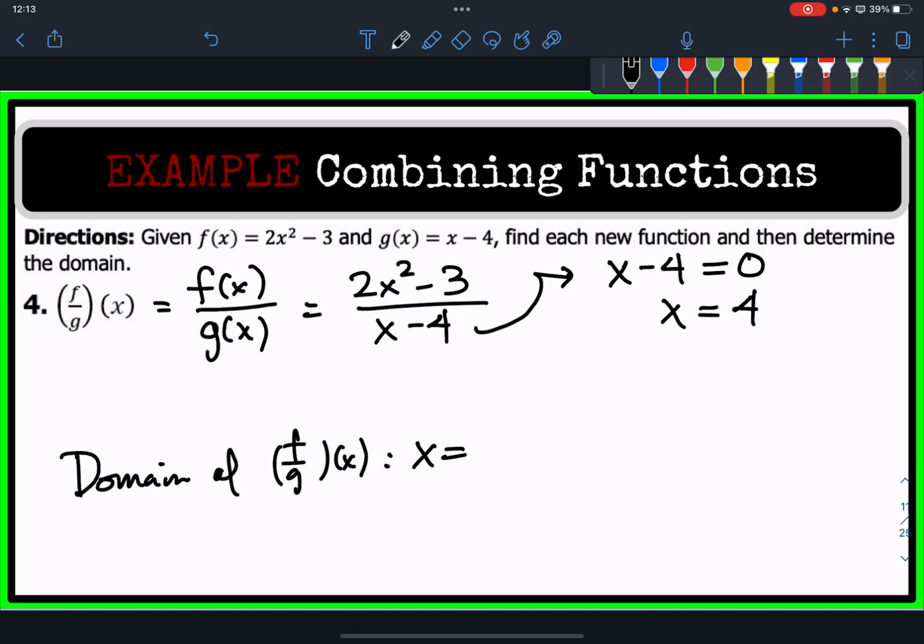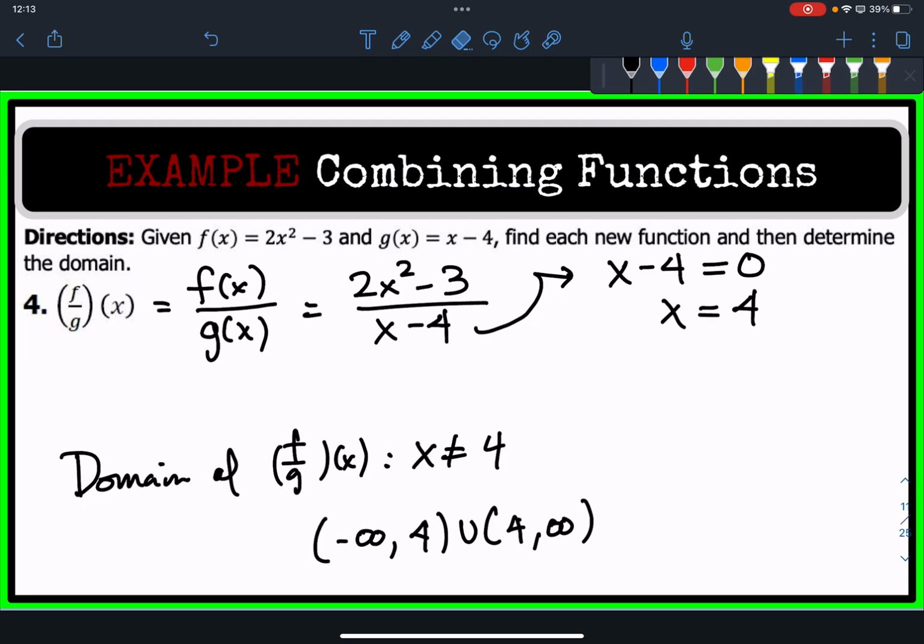X cannot equal positive 4. Now, how I want you to write your answer is going to be in interval notation. So since x cannot equal positive 4, we're going to jump over 4. So from negative infinity to positive infinity, we're going to jump over 4 and omit the number 4, which is how we write this in interval notation.